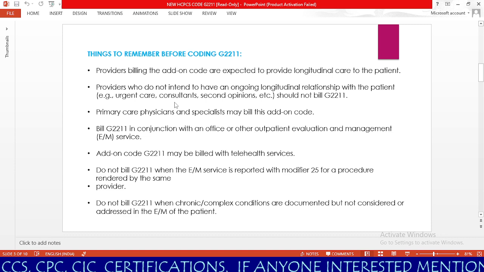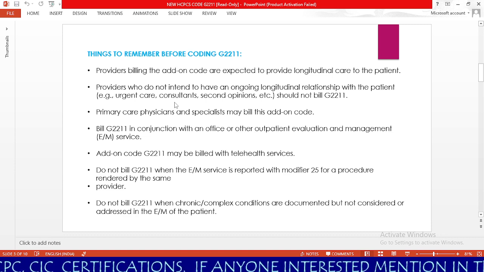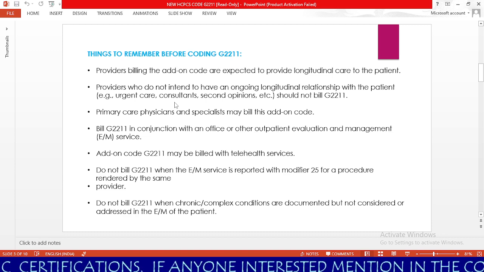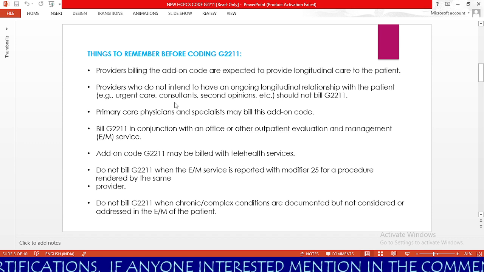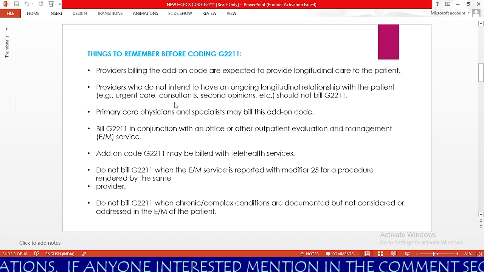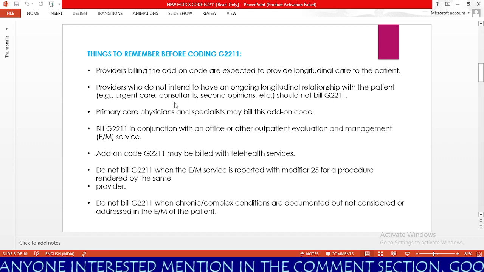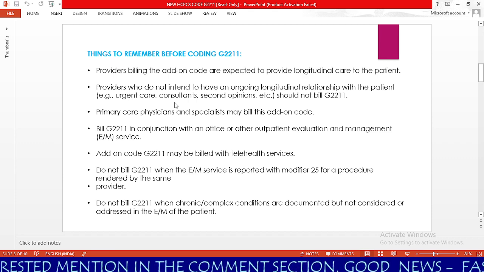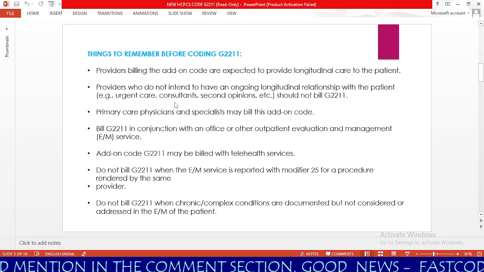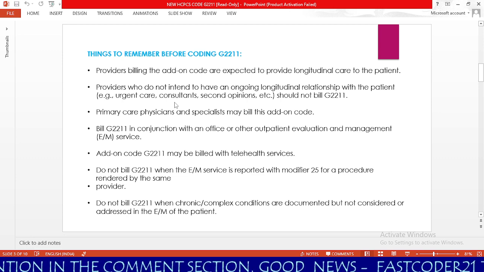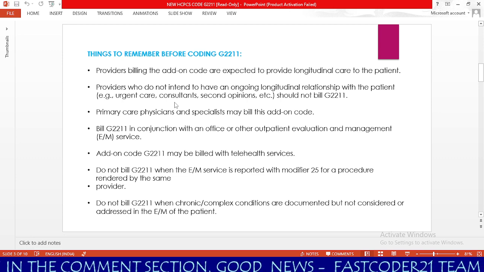Next we will learn things to remember before coding G2211. In order to code G2211 along with 99202 to 99215, we need to follow a few rules and regulations. We will read them one by one.